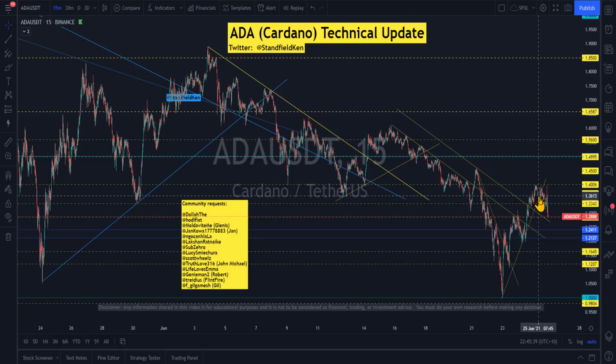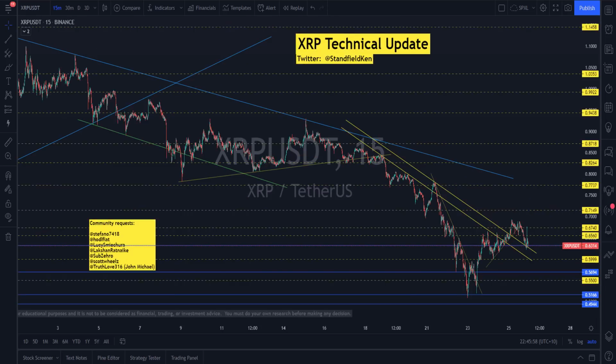It has resistance above at 133.43 and higher than that at 140.06. Let's have a look at XRP. XRP currently trading at 63.11. It is realistically at support right now, not uncommon to all the other coins. We know that it has resistance above at 65.60 and above that at 67.40.